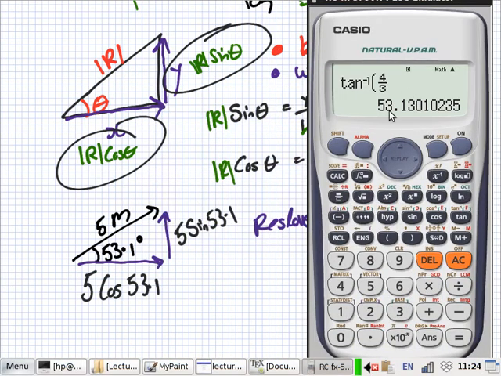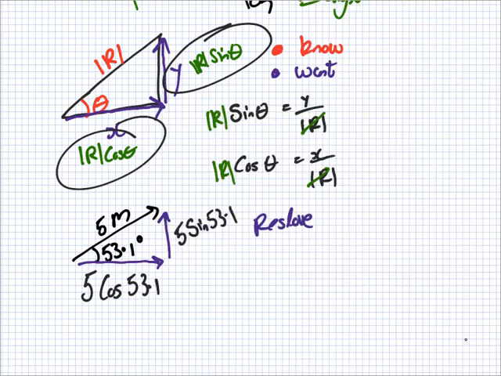Let's see if that works. So there's my 53.1. Let me just type in 5 cos 53.1. And what should I get here? I think we said this side was 3, didn't we? So let's see if I get 3. And I do. And if I change this to sine, I'll get 4 as well.